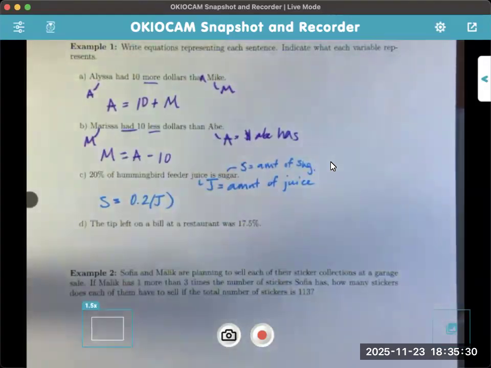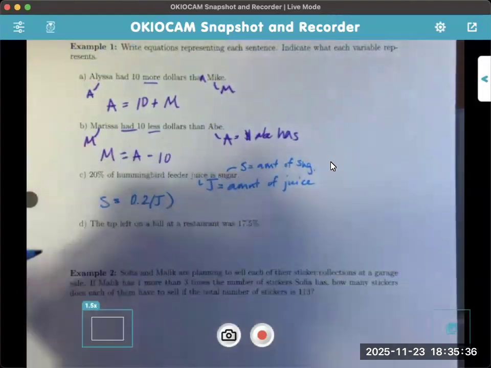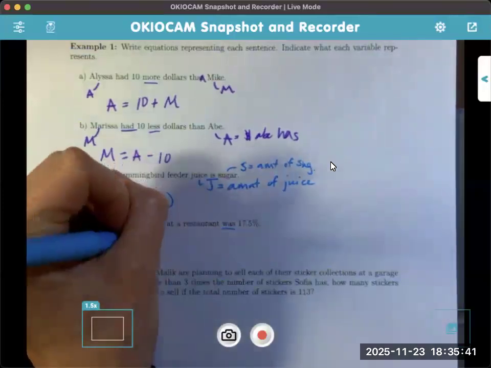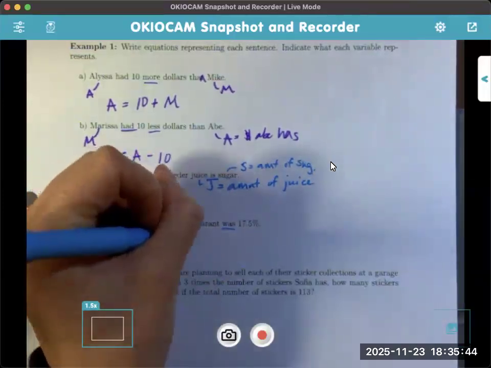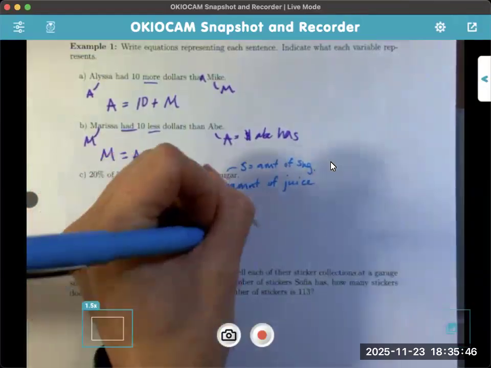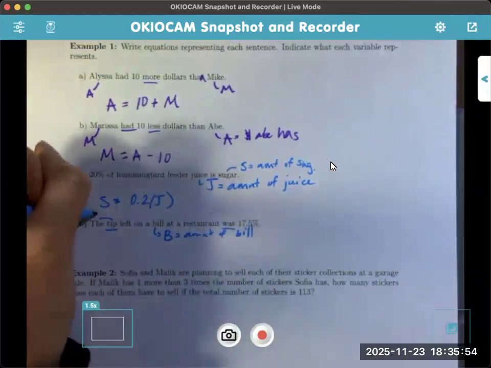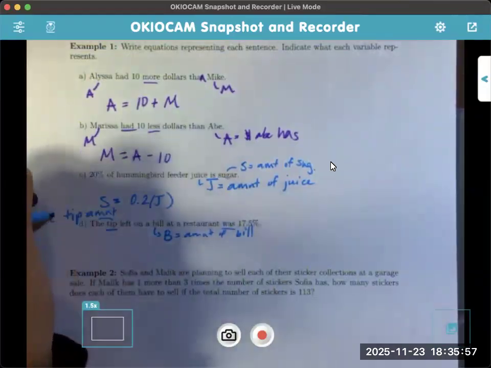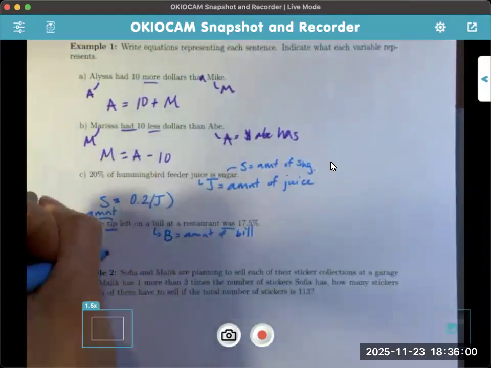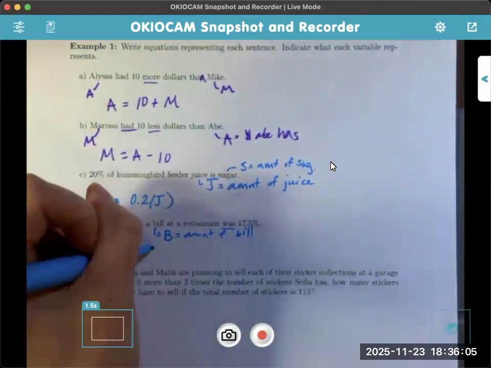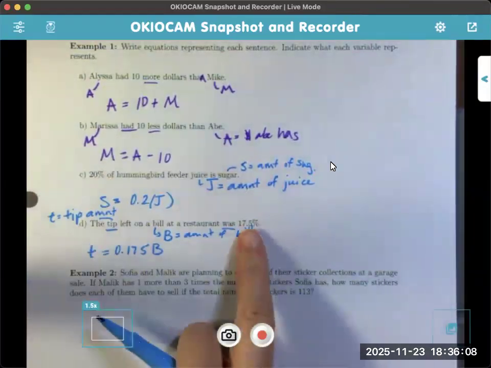The tip left on a bill at a restaurant was 17.5%. So here we're saying that the tip is 17.5%. So if we have B, the amount of the bill, and T is the tip size, tip amount, there we go. Then here T is equal to 0.175 times B, because you go decimal to percent, right?